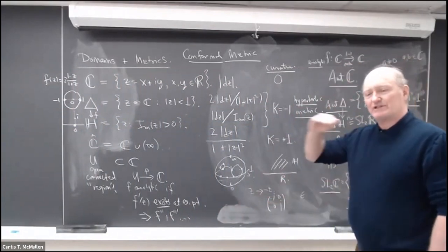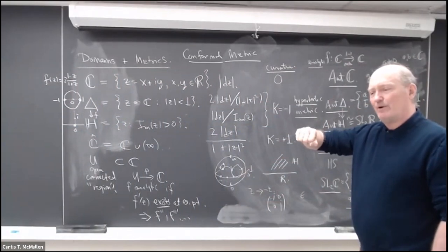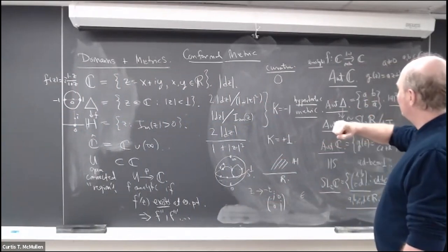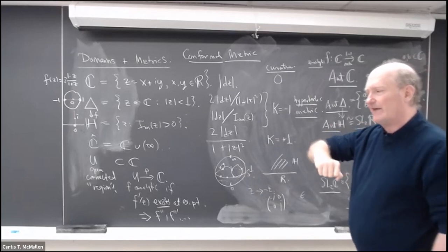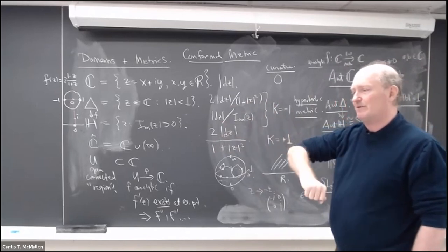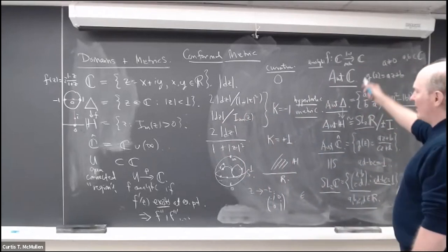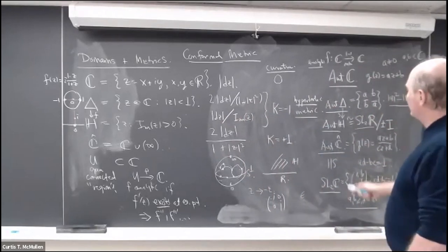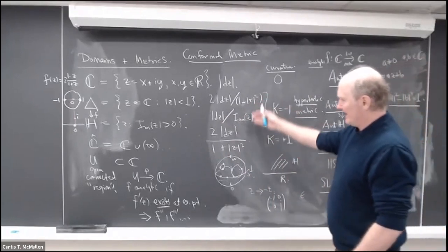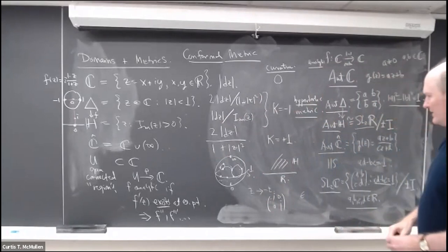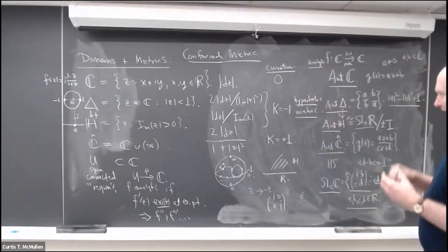In fact, if a group acts transitively on a manifold, and you know what the metric is at one point, and it's invariant under the metric, you can find its value at any other point by just choosing an element of the group that moves this point to that point. And in all of these cases, the action of the automorphism group is at least transitive on the corresponding region in the plane. So there's an essentially unique invariant metric, conformal metric, up to scale.